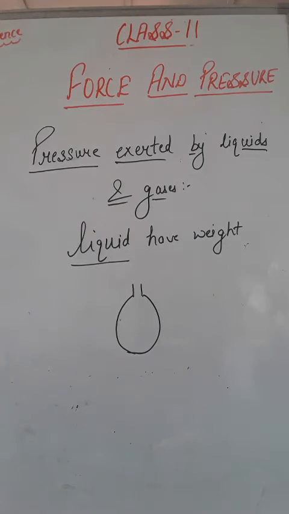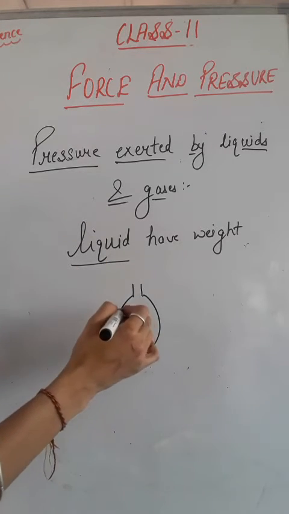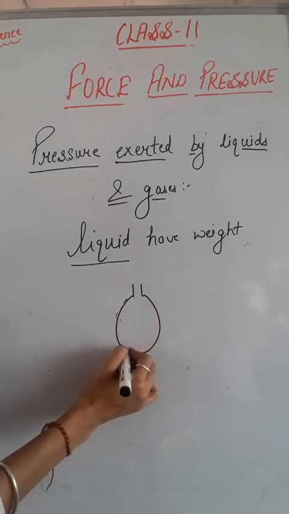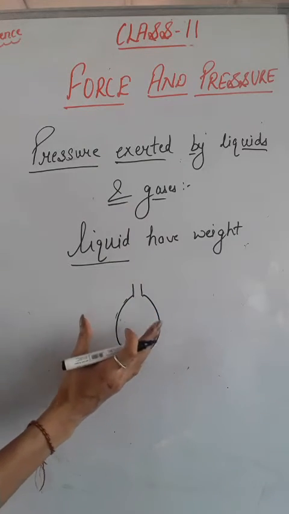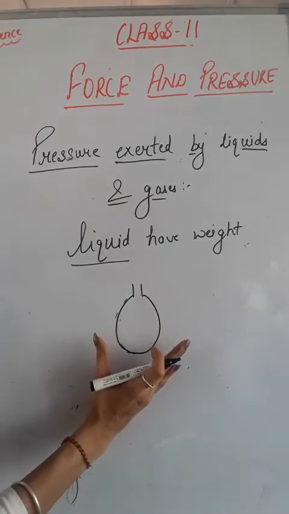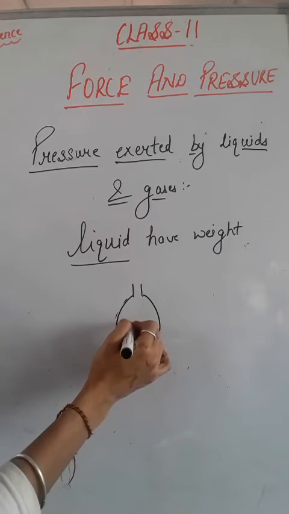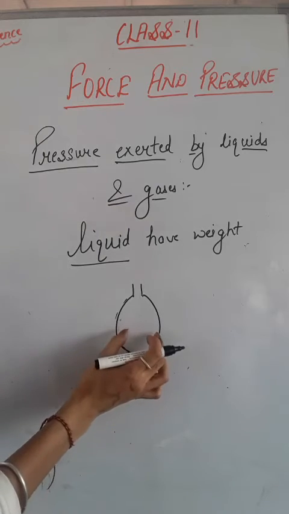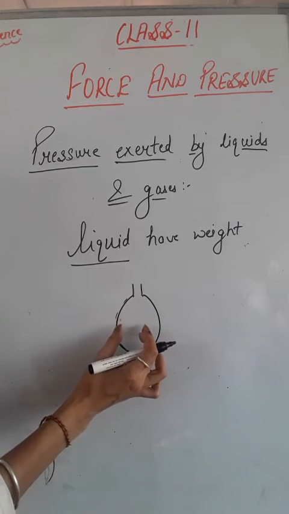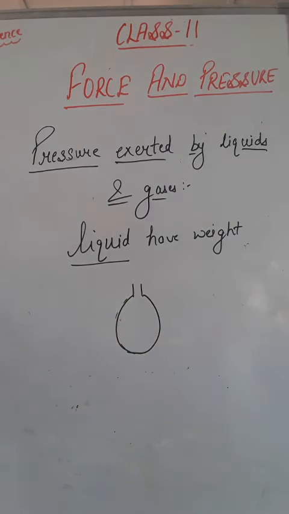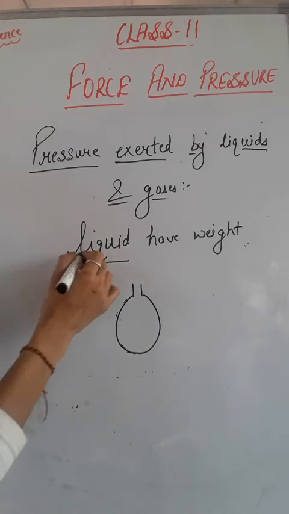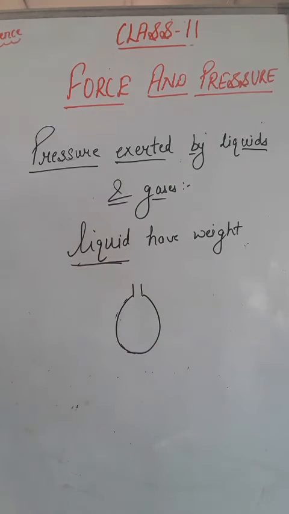This shows that the liquid, that is water, exerts pressure on the walls of the balloon, which helps the balloon to bulge. So this activity shows that a liquid exerts pressure.